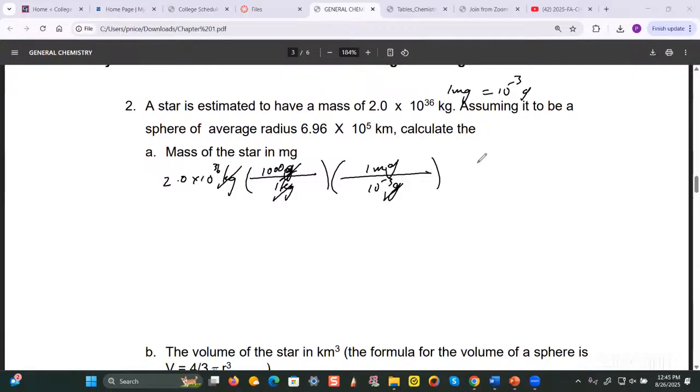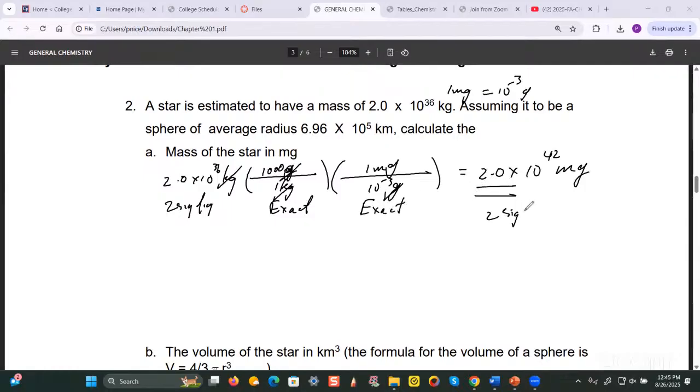According to my calculation, this works out to be 2.0 times 10 to the 42 milligrams. Just to note, because you have two sig figs here and exact relationships here and here, your final answer will be rounded off to 2 sig figs.